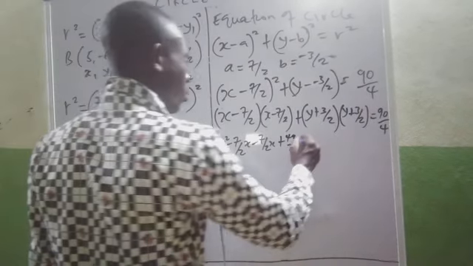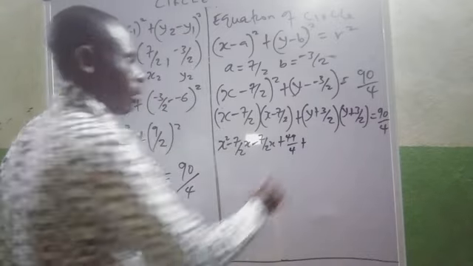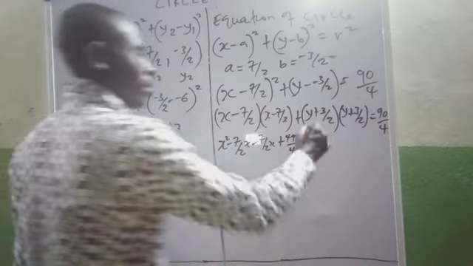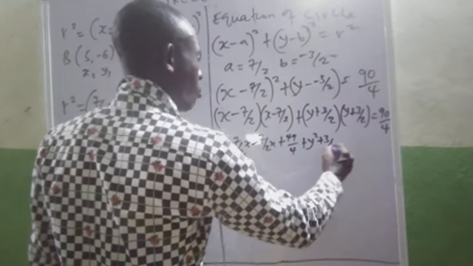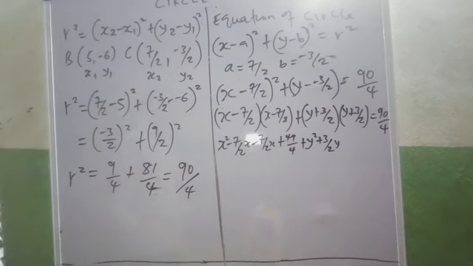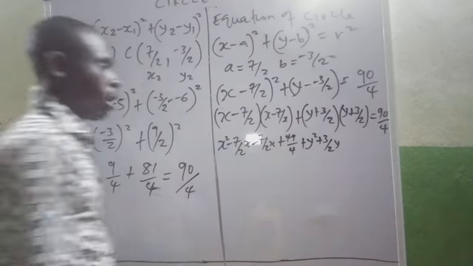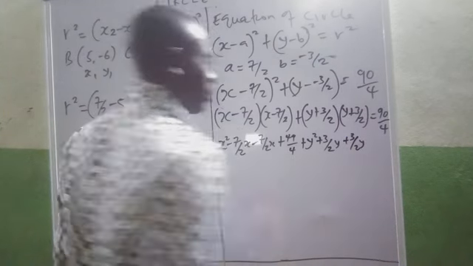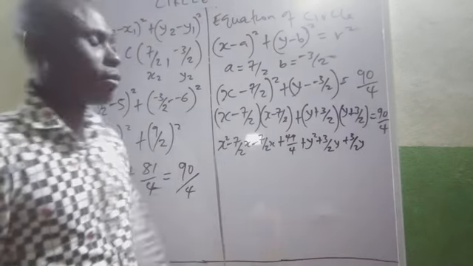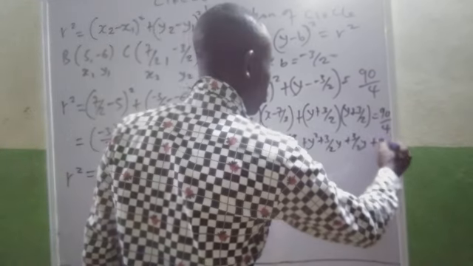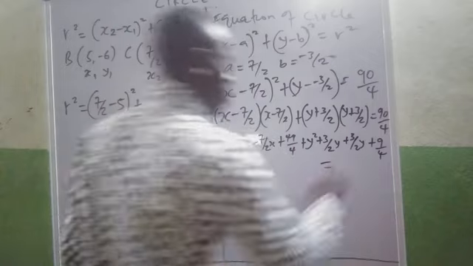If you come to the second one, here you have y. y times y will be y squared. y times 3 over 2 will be plus 3 over 2y. 3 over 2 times y will also give you plus 3 over 2y. Then 3 over 2 times 3 over 2 will give you plus 9 over 4. And that will be equal to 90 over 4.